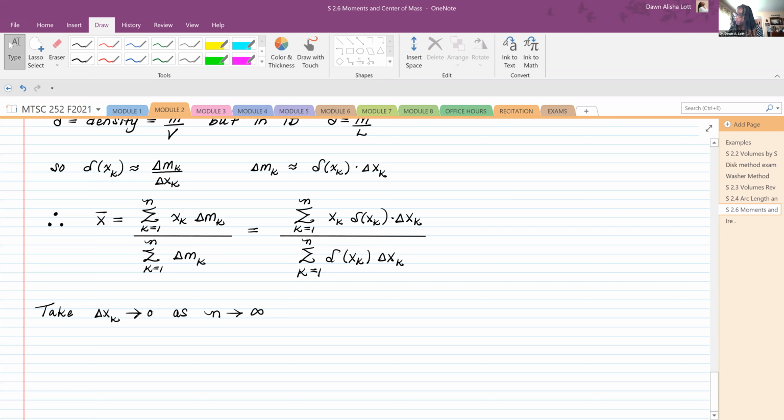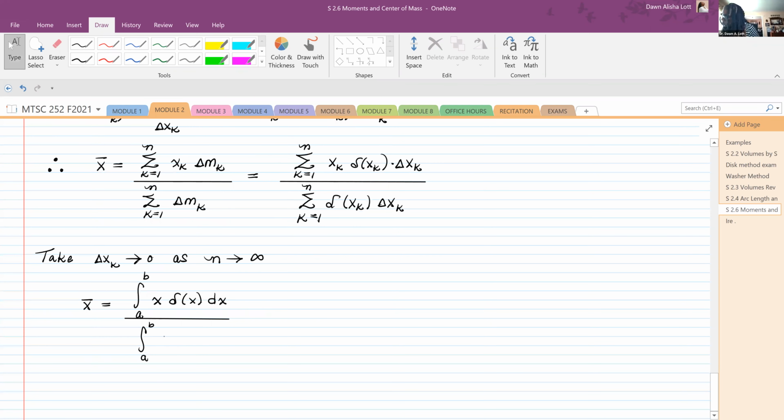So now we get that x bar, our center of mass, becomes the integral from a to b of x times delta of x dx, divided by the integral from a to b of delta of x dx.